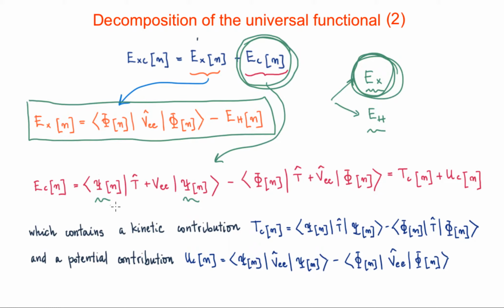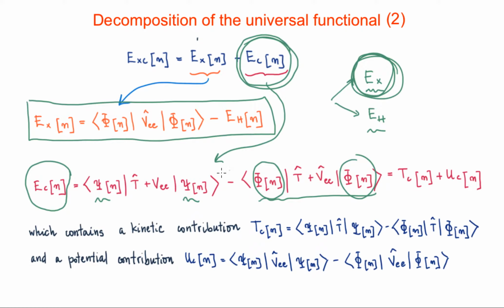If we subtract from here the one that we have considered, I mean the average of the kinetic energy plus the electron-electron potential energy when we consider this Kohn-Sham wave function, this is what we are going to call the correlation energy.